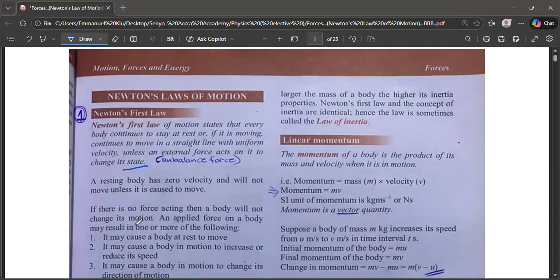Let's say you and your family are going to church early Sunday morning, and in the course of driving, your daddy accidentally stepped on the brake pedal because a goat crossed the road.